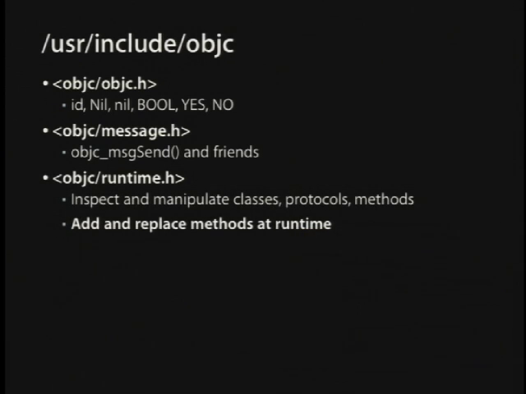objc/runtime.h is probably the most interesting of all these in terms of crazy things you can do to the runtime. It lets you inspect and manipulate all sorts of different aspects of classes, protocols and methods. It can even let you add and replace methods on classes at runtime. So while your code is running, you can add a new method to a class that you hadn't defined on that class when you built it.